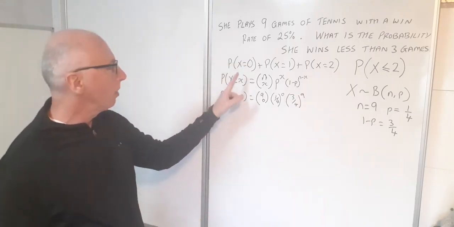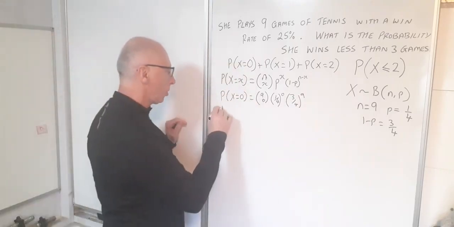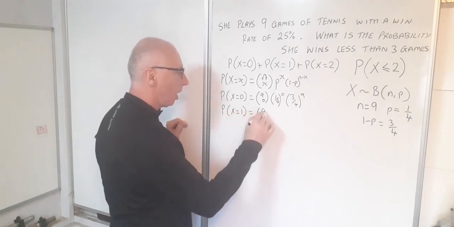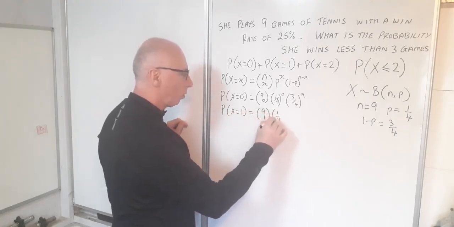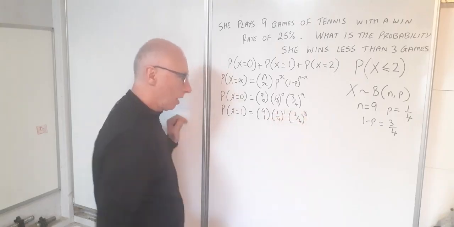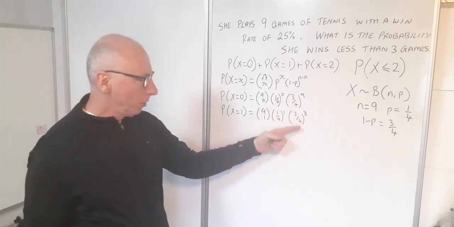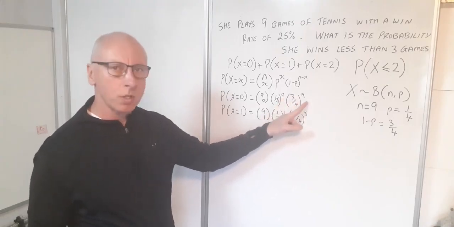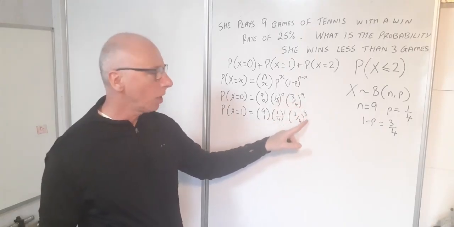And then with 1 and 2, very similar, but slight change on our numbers. So it'd be 9 choose 1, and then a quarter to the power of 1, and 3/4 to the power of 8. Because this third part here, obviously if she wins no games, she's going to lose 9. So we have to include that into our calculations.